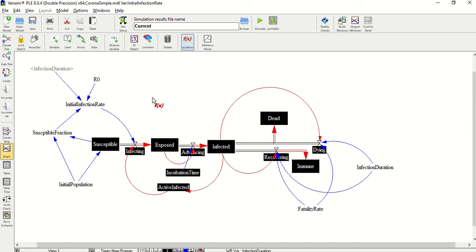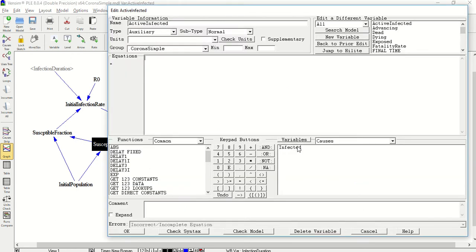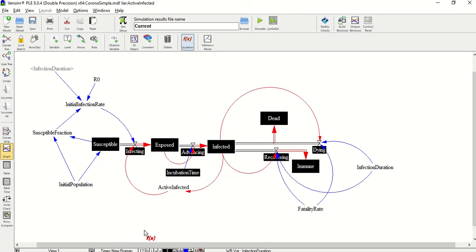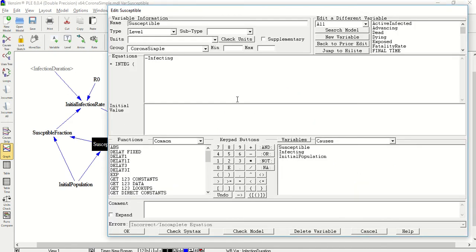All right, so I think we have all of the parameters in. I'm going to hit save, and now we just need to go get our equations going. So the active infected is just infected. The susceptibles are minus infecting. The initial value, we should be able to say okay.